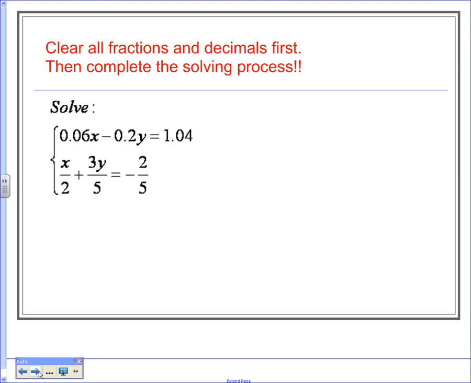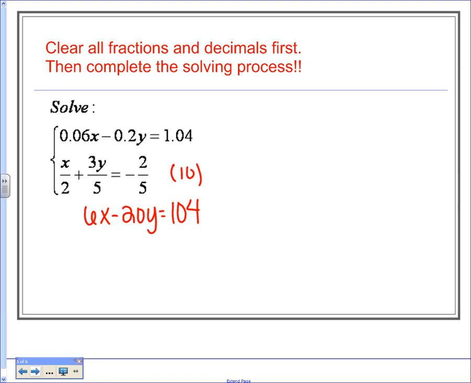How would you get rid of the decimals? 1 times 100. Okay, so what would be your new equation? What about your second equation? What would you multiply it by? 10. Y times 10.